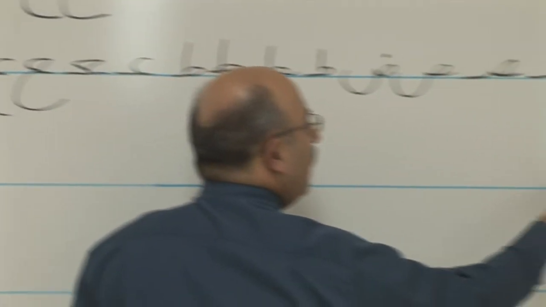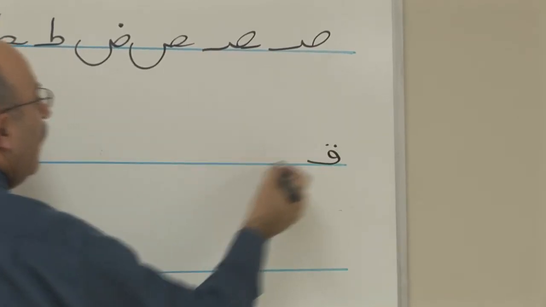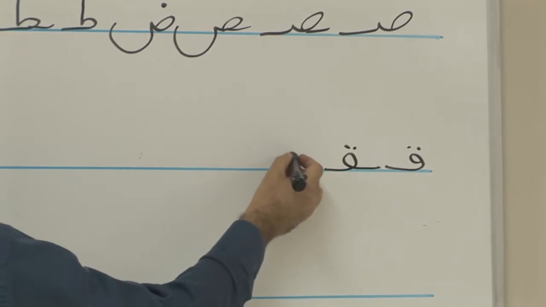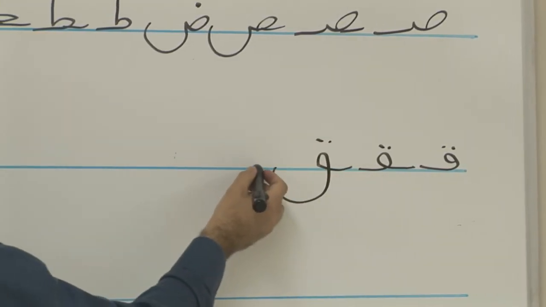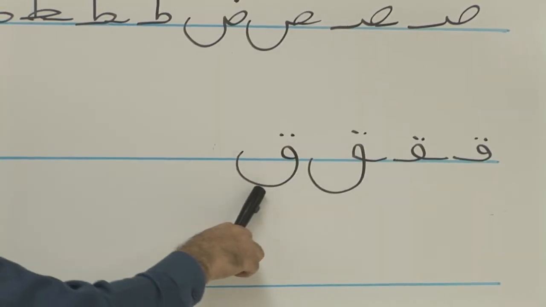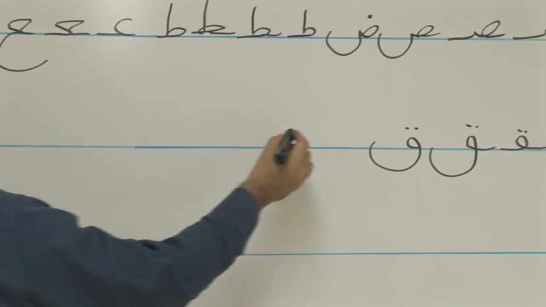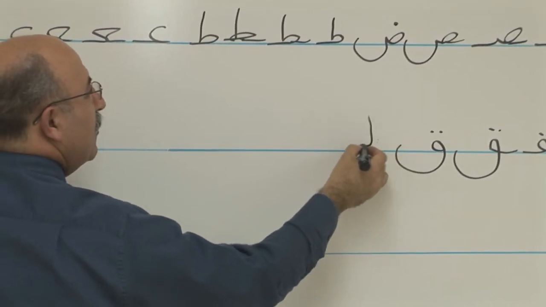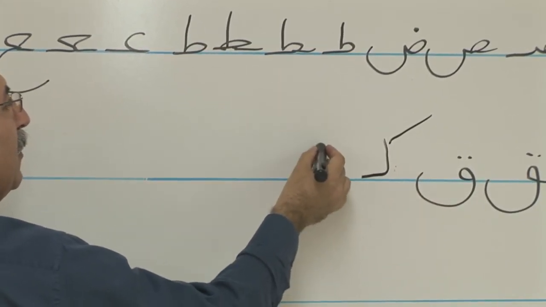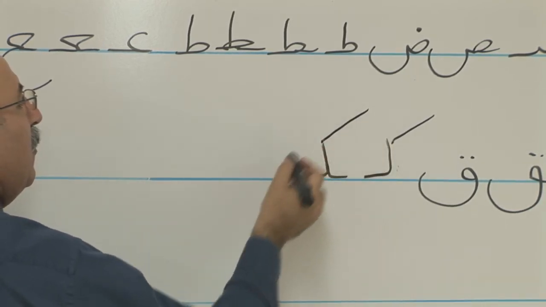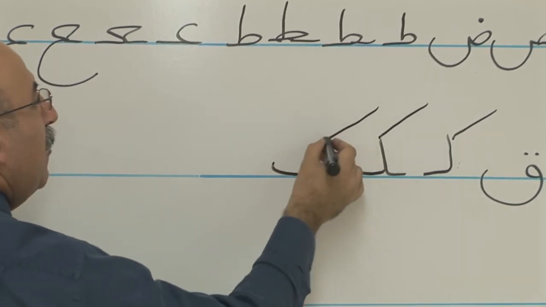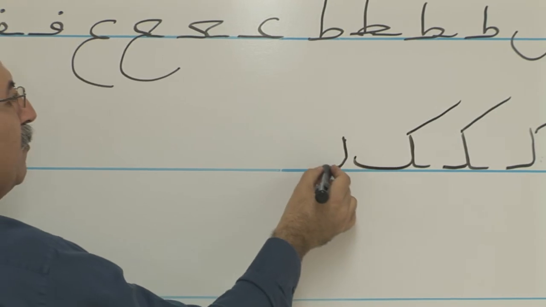The same with qaf: initial, middle, terminal, standalone. Qaf is the same way too, in that it has the initial, then the middle, then the terminal, and then standalone.